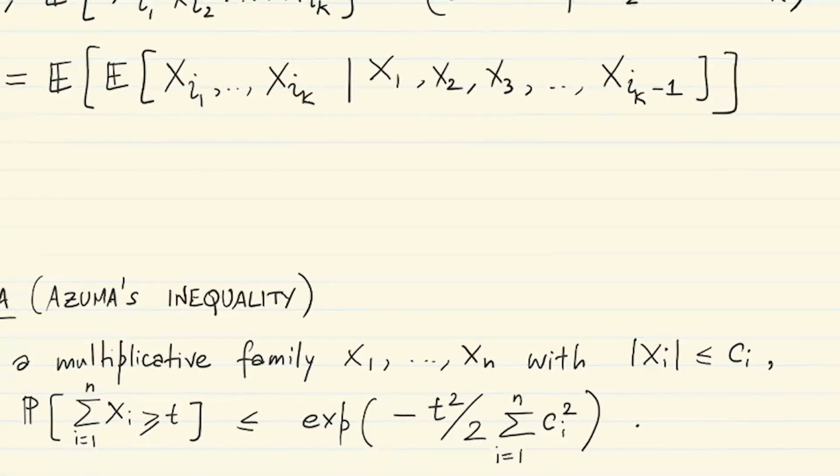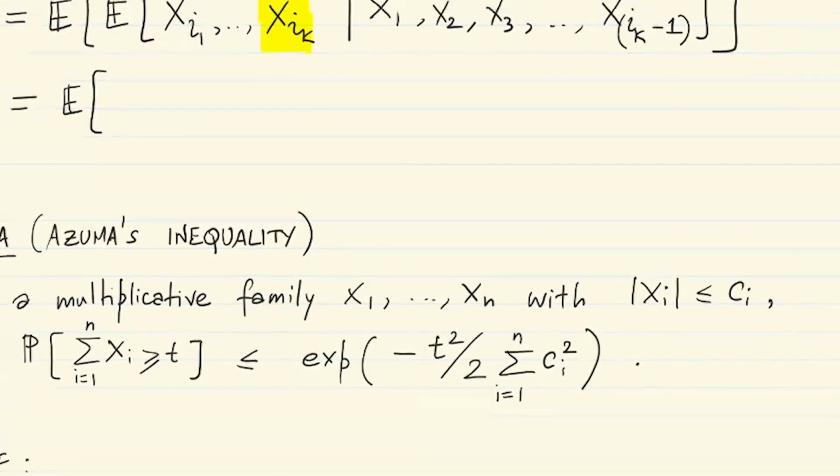You can easily see that this inner expectation, the only random variable in this product X_{i1} through X_{ik} that is not present in the conditioning is the last one, X_{ik}. Everyone else is actually being conditioned inside.